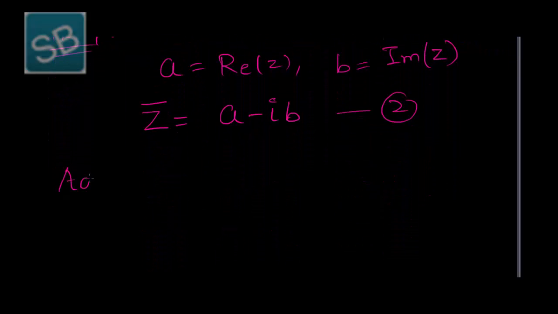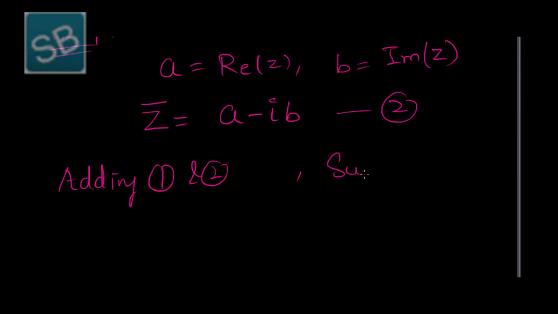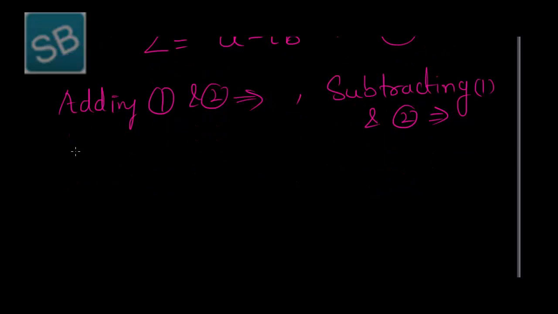So adding 1 and 2 and subtracting 1 and 2, that implies z plus z bar is equal to 2a, and z minus z bar is equal to 2 iota b.